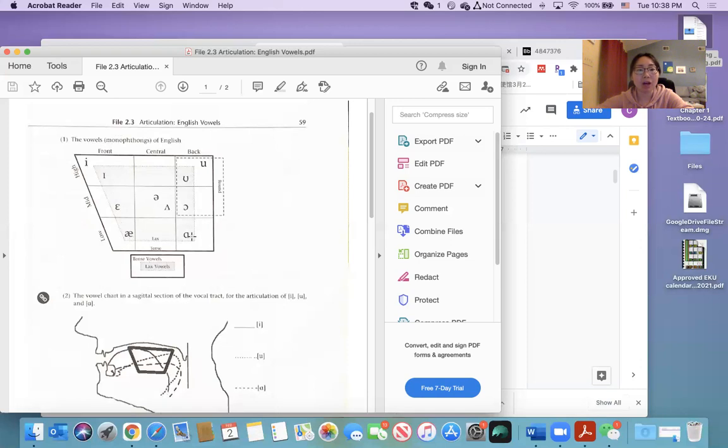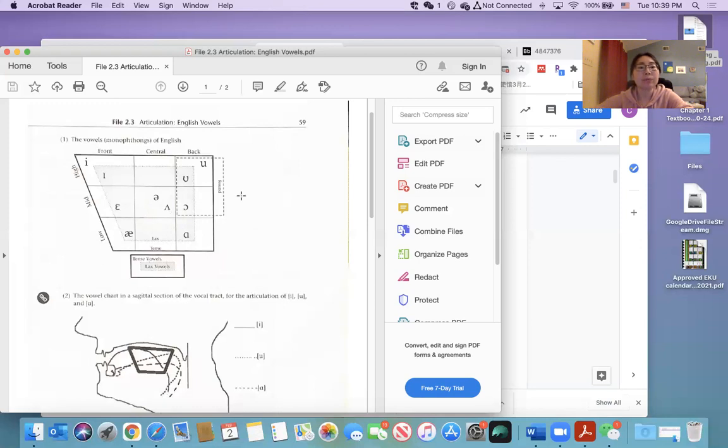These are back vowels. And when we use the four descriptors, we can describe each vowel in four different ways. Except for the schwa and wedge, each vowel has its own distinct description.